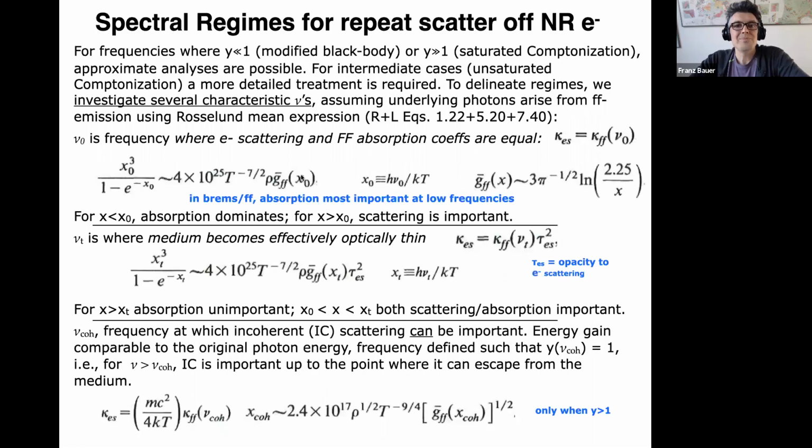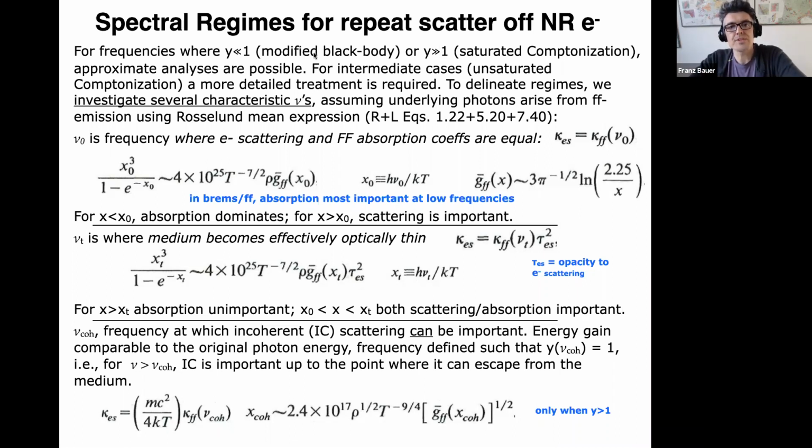Okay, so in general, we can think of two regimes. One again was the saturated regime, which we call saturated Comptonization. So Y here is much, much greater than 1, and generally all the photons are scattered up to the maximum through repeated scatters.